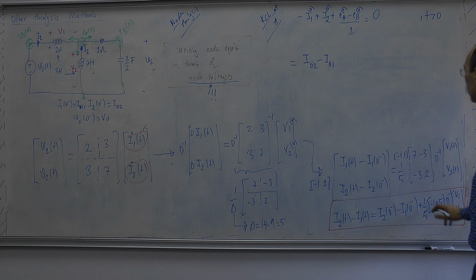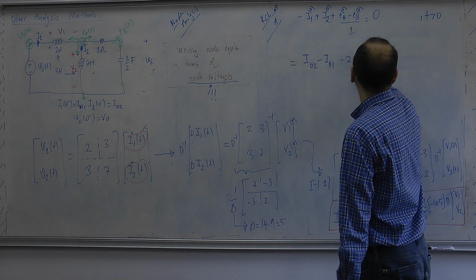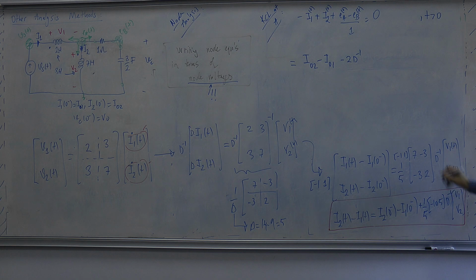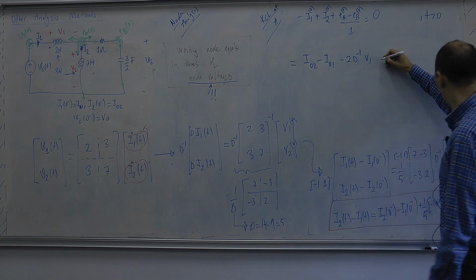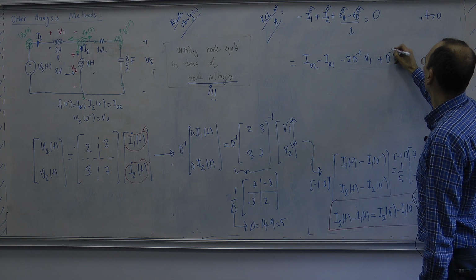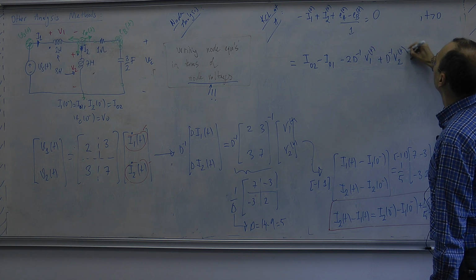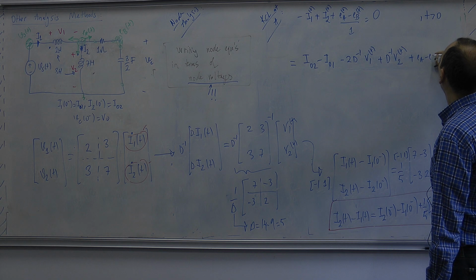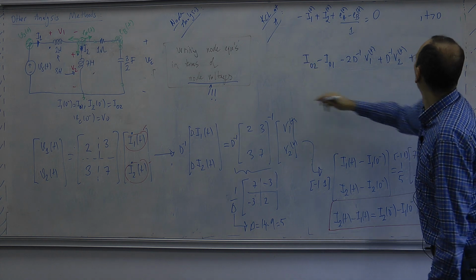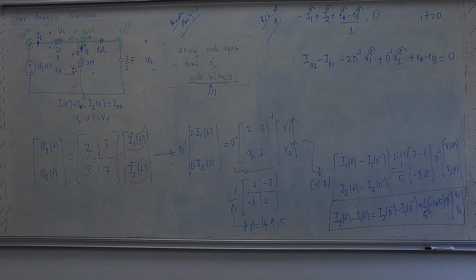Okay, minus 2 D inverse V1 and plus D inverse V2 of t plus EA minus EB is equal to 0. Okay? As a function of time is equal to 0.